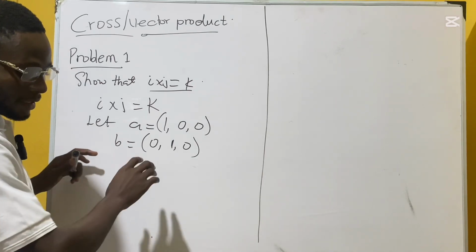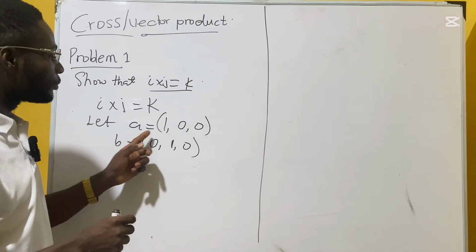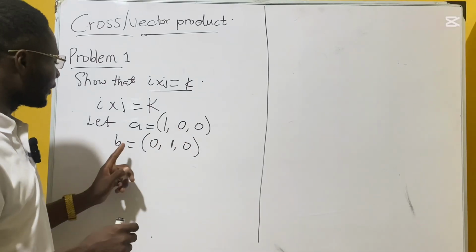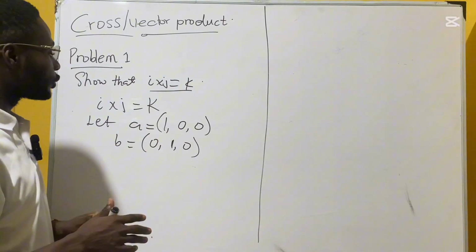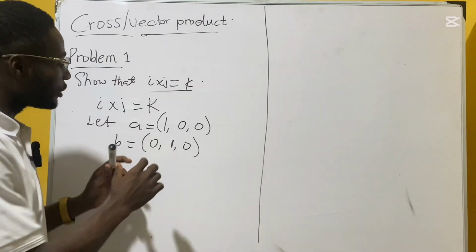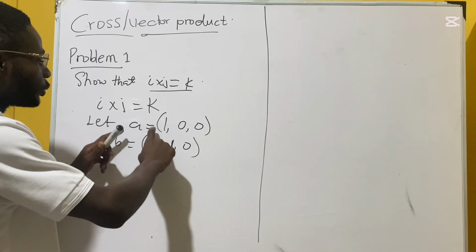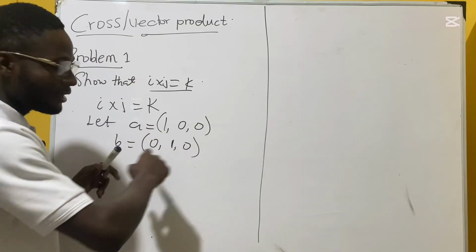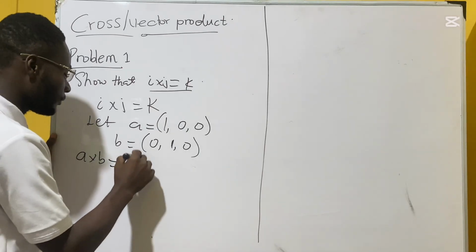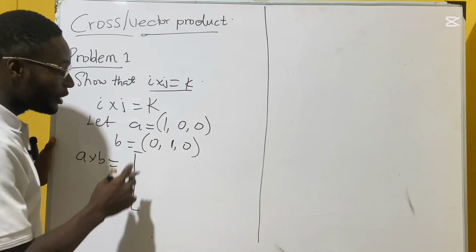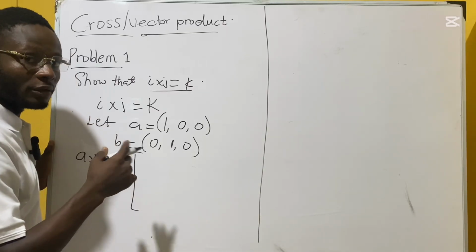So in order for us to prove that, we are representing vector a to be 1, 0, 0 and vector b to be 0, 1, 0. So you know that if you want to take the cross product of these two vectors, then it's going to be a cross b equals, the moment you talk about cross product, begin to think about matrices.